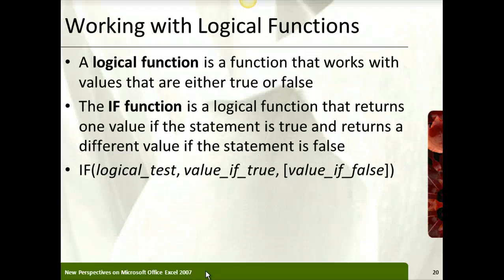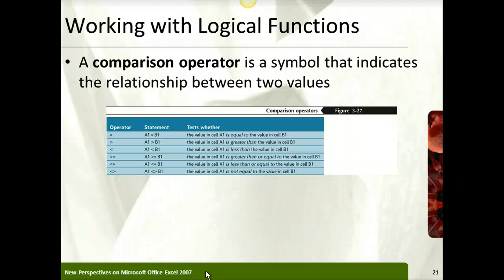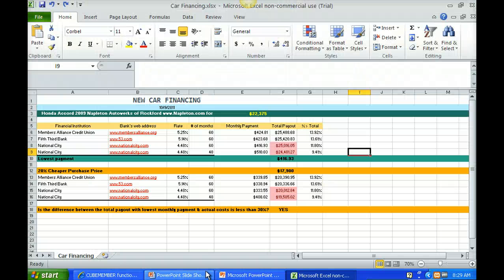Logical function, I'll end with this one, and we'll do the rest in class. IF logic will test a certain argument, and then if that argument is true, you have a result. If the argument's false, you have a result. So let's do an example here.